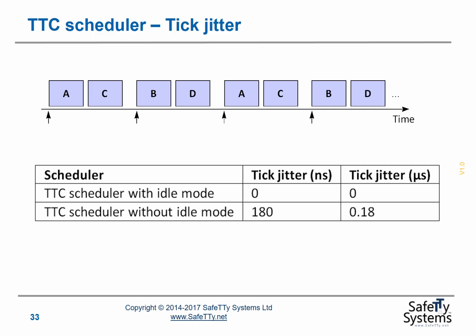If we use idle mode in a TTC scheduler, as discussed in detail in the book, we can reduce the jitter level in the ticks in our system, usually down to a level that's too low to measure. So effectively we get 0 jitter in our designs in a TTC scheduler, in most cases on a modern processor, if we push the system into idle mode at the end of the dispatcher.